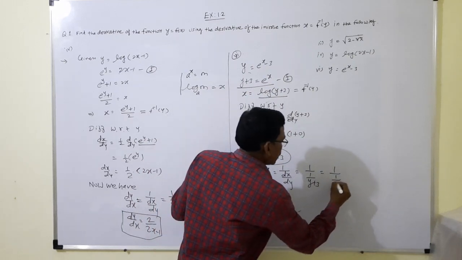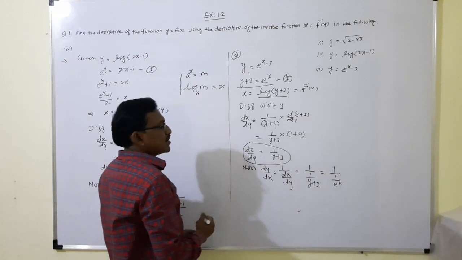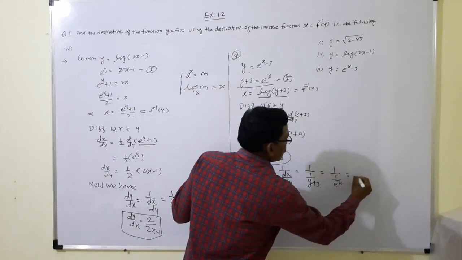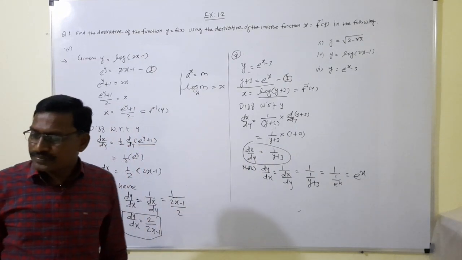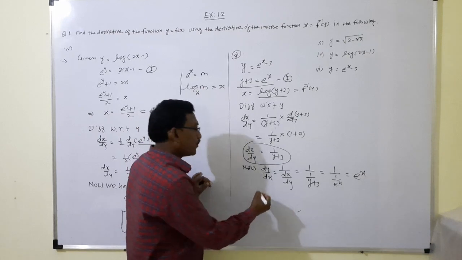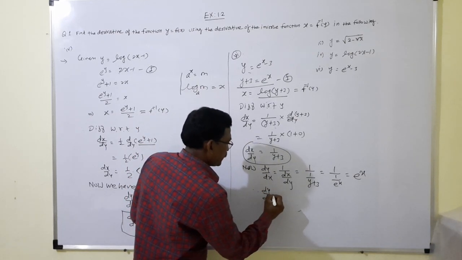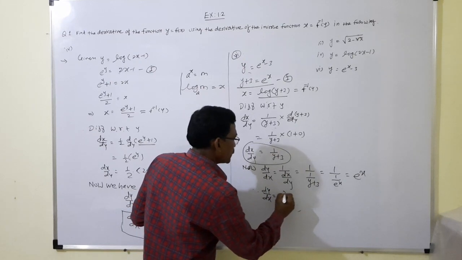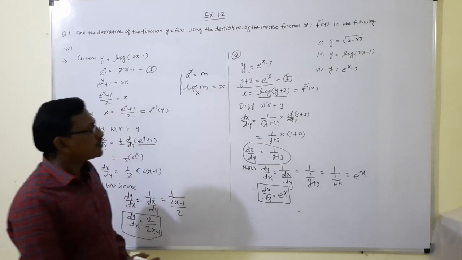So 1 by 1 by e raised to x, and so it is e raised to x. Therefore dy by dx is equal to e raised to x, and this is the derivative of y with respect to x.